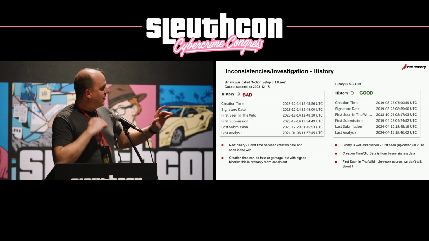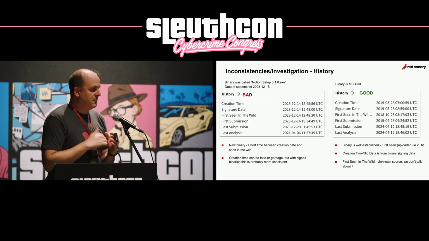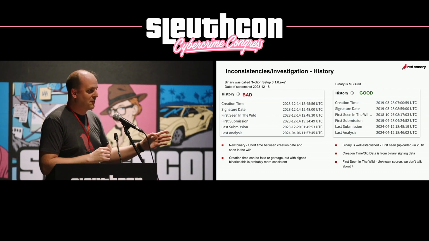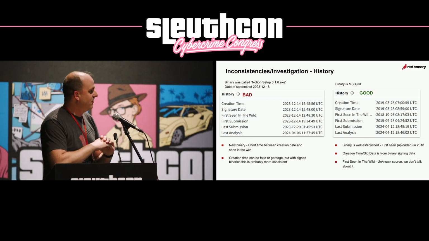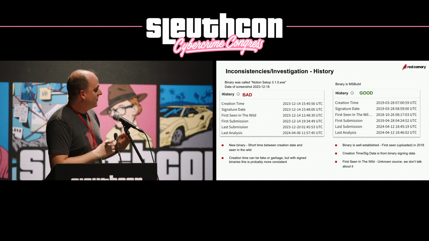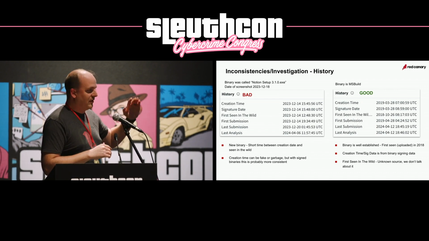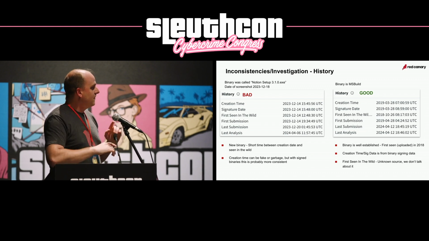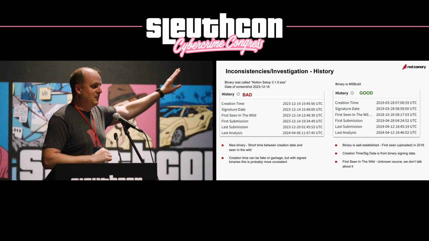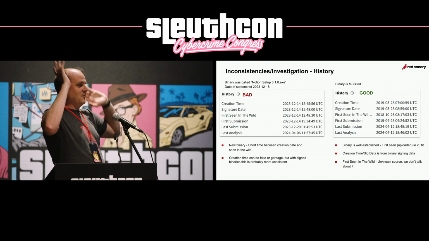Like I said, these are inconsistencies with your malicious stuff. On the left is the bad one. It's usually a really short timeline from creation to being seen in the wild. On the VirusTotal timeline, you have your creation time, your signature date, first seen in the wild. I'm not going to talk about that because it's confusing, because VirusTotal doesn't make any sense.